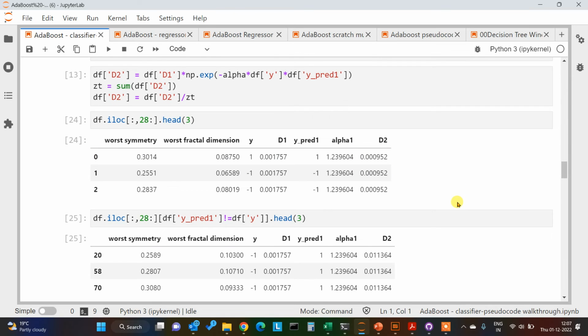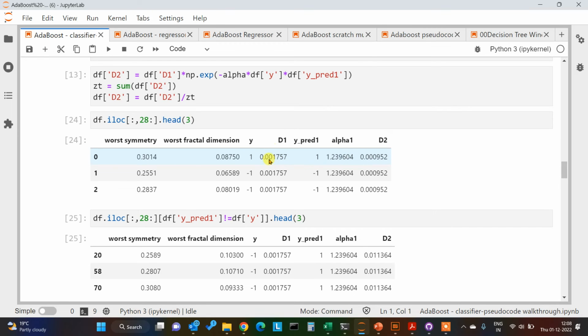So let's take a look at that. So this is our data set, this is our actual y, this was our old weight. Then we got a predicted value, and this is the amount of say, and our new weight is something like this.